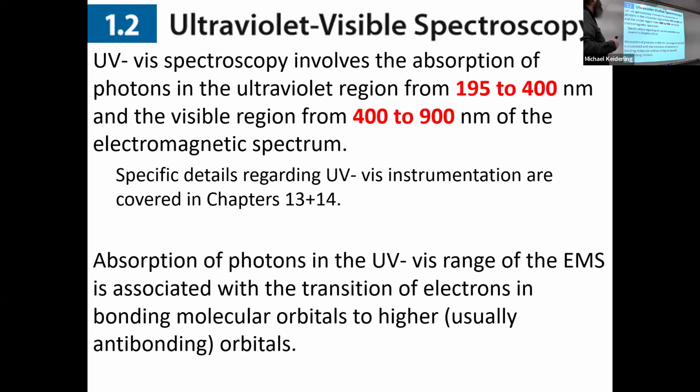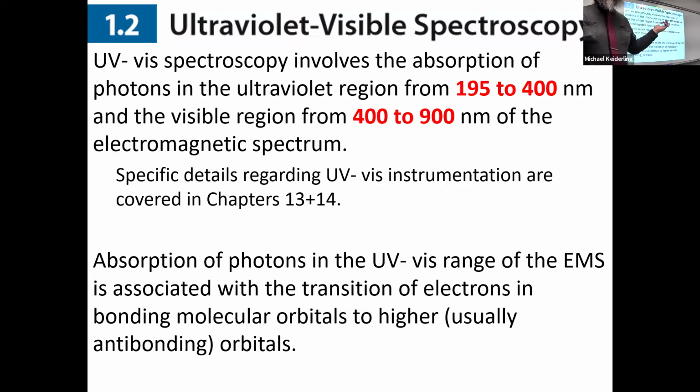So ultraviolet-visible (UV-vis) spectroscopy involves the absorption of photons in the ultraviolet region from 195 to 400 nanometers, and the visible region from around 400 to 900 nanometers of the electromagnetic spectrum. We will go into this in more detail, but it's what we can see with our eyes and into the ultraviolet.